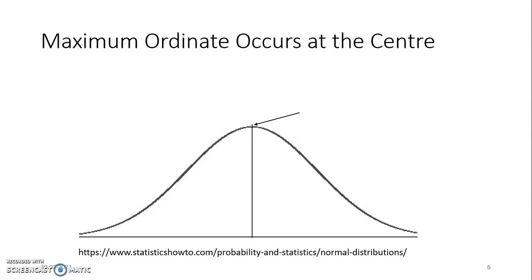If you see this center, here, the arrow mark, we get the maximum height. The maximum height of the ordinate occurs at the center of the curve, that is, the ordinate at the mean. The ordinate is nothing but the y-axis. This is known as the maximum ordinate, and it is denoted by y0.